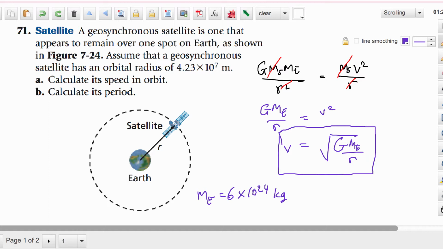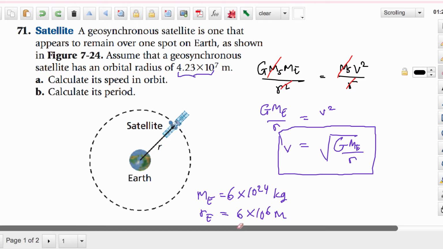What about the radius of the Earth? Do you need that? Actually, you're right, we don't need the radius of the Earth. We just need the radius they gave us, the radius of the orbit.